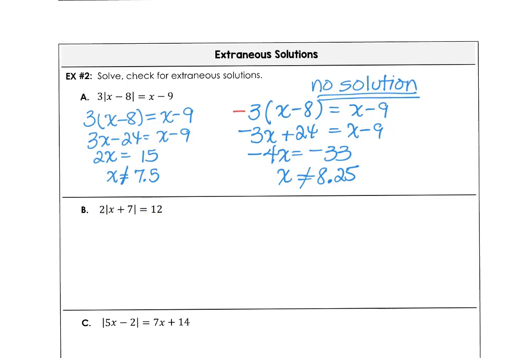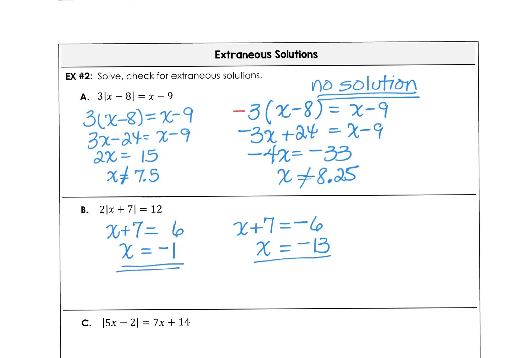How about letter B? If we divide both sides by 2, then the absolute value of x plus 7 is going to be 6, or the absolute value of x plus 7 is going to be the opposite of 6. So the answer would be negative 1 or negative 13. And when you go back to check, let's just real quickly check.